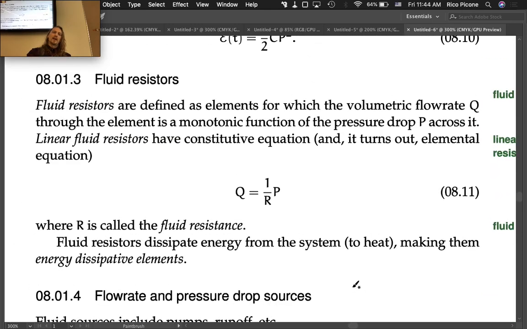These are typically things like orifices, valves, and really any pipe, but especially long pipes. They're going to dissipate energy as you flow fluid through them.